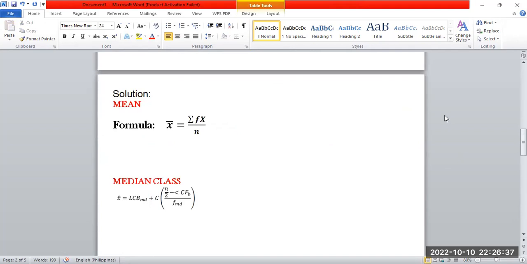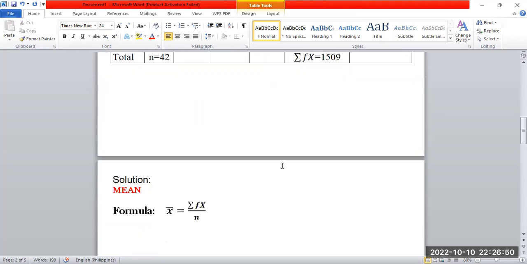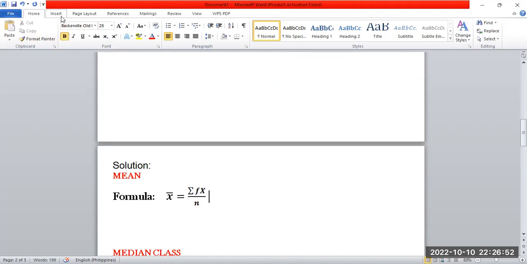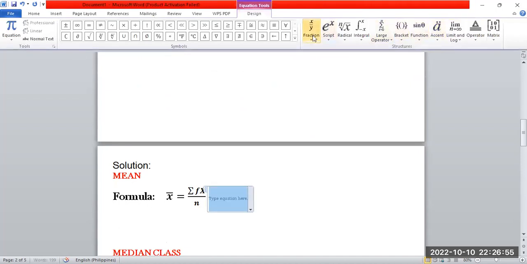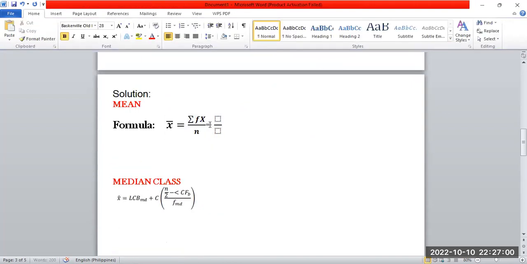So for our mean, that is the summation of F times X. This is the summation of F times X. That is 1,509. Okay, so that is equal to the summation of F times X is 1,509, and our n is equal to 42.